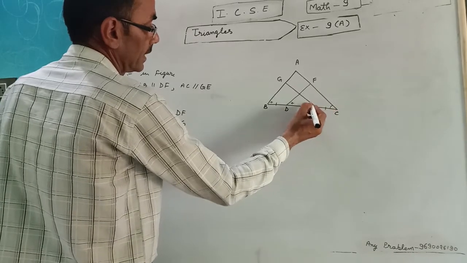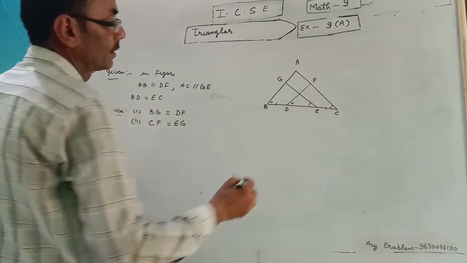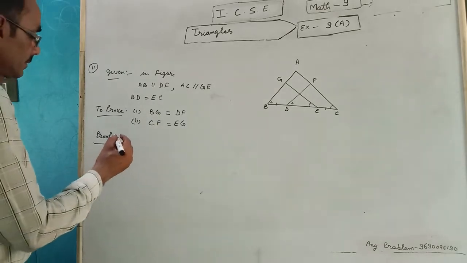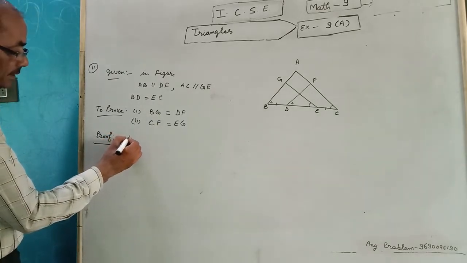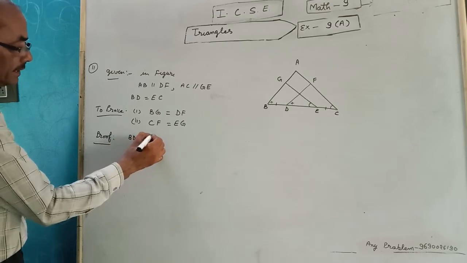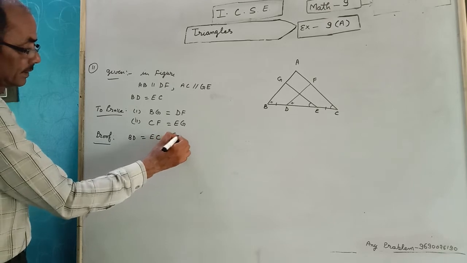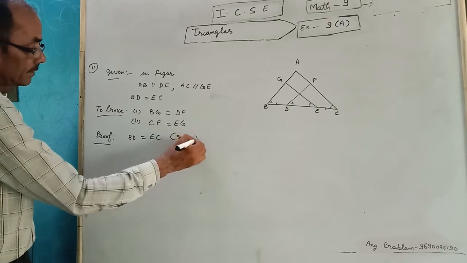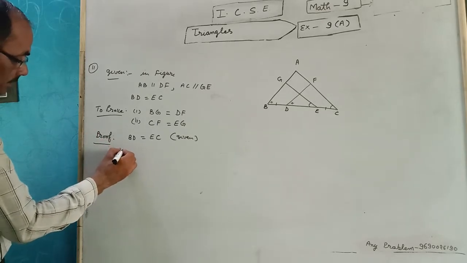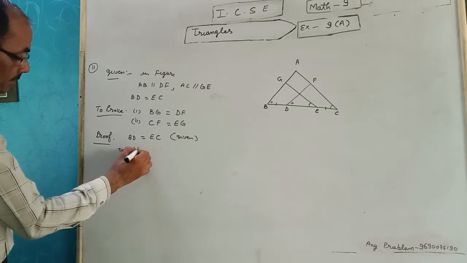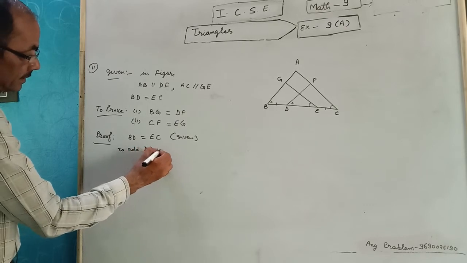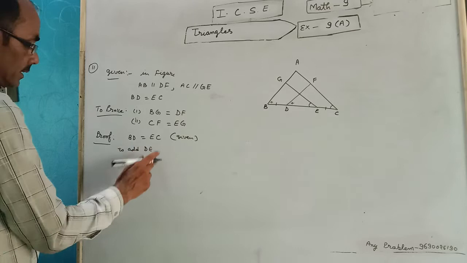Angle C equal to angle E will be corresponding angles. BD equal to EC, given. To add DE on both sides.